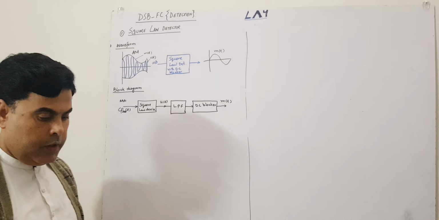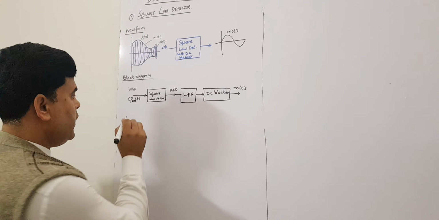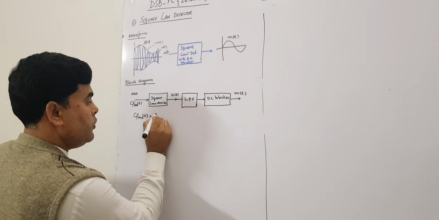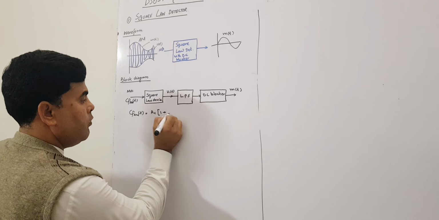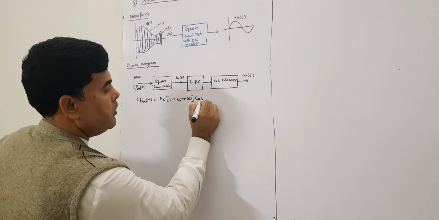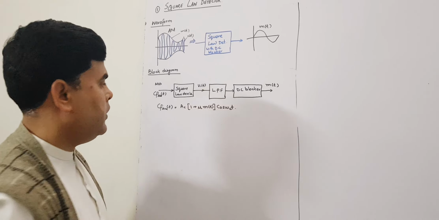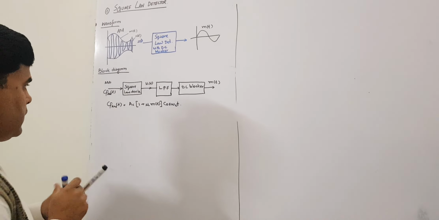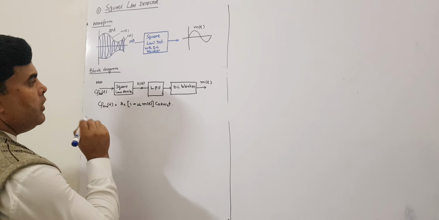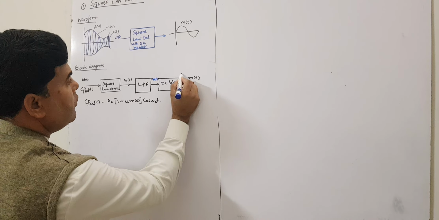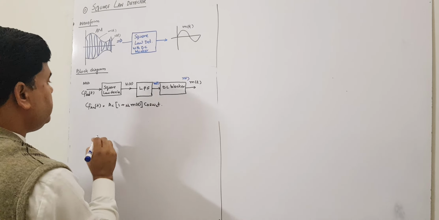and then you will end up with the m(t) signal. We know that our amplitude modulated signal is equal to Ac(1 + mu m(t)) cos omega c t. So that is the signal, and we know the relationship of the square law device. So this is the output V0(t), or you can say y(t).